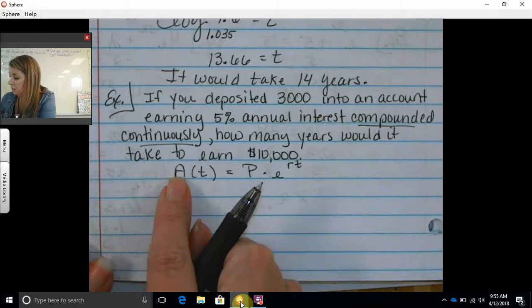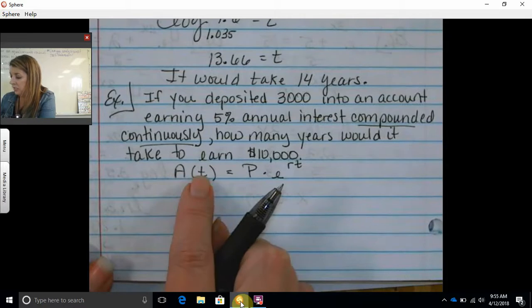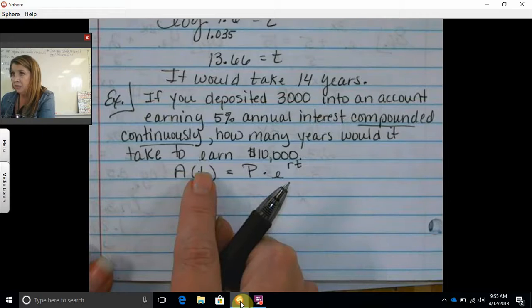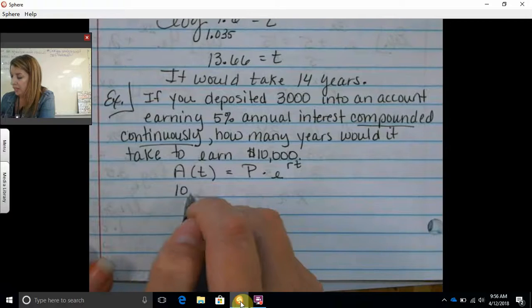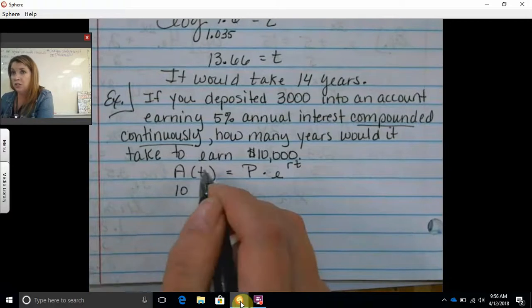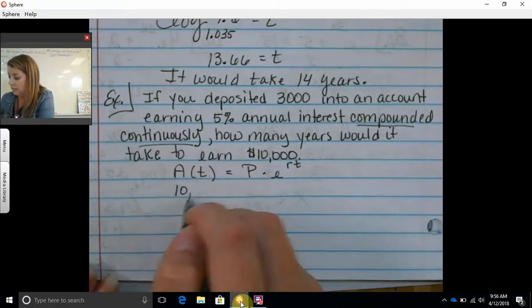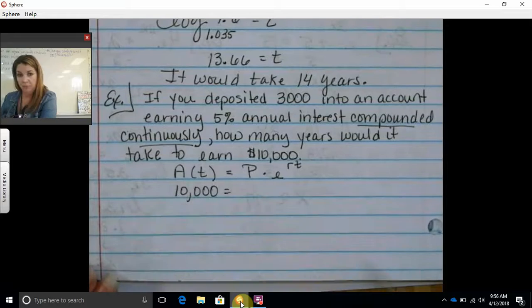So we want to know the amount in the account after t years. Do we know the amount in the account after t years? 10,000. That's what we want to know, how long it takes to get 10,000. So instead of like A of 5 years or A of 10 years, we want to know how long it will take to get 10,000 in the account.